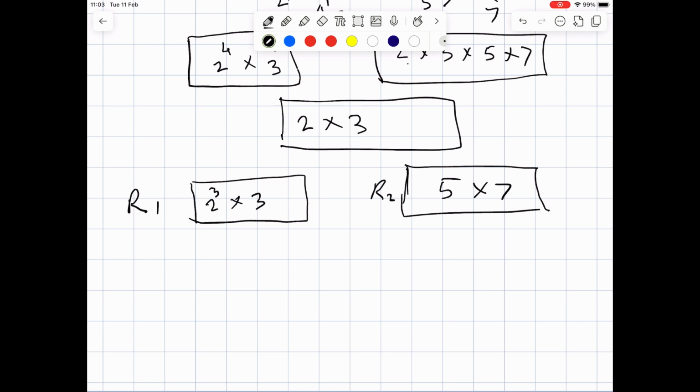Now we have to multiply all the numbers in the common factor box, and all the numbers in the remaining boxes.